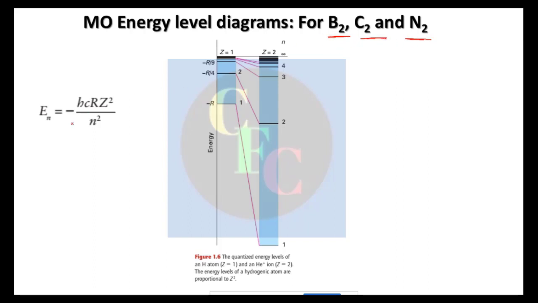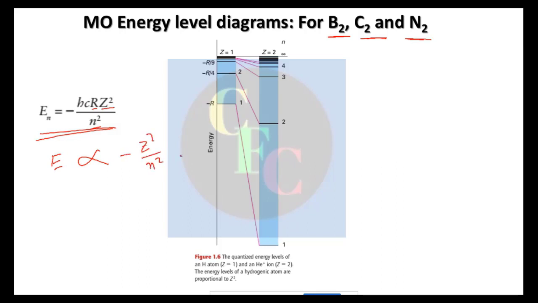Before going into that, let us see from Bohr's theory that the energy of an orbital is given by this expression with the Planck constant, Rydberg constant, atomic number and n square. So clearly we can say this is proportional to Z square by n square.